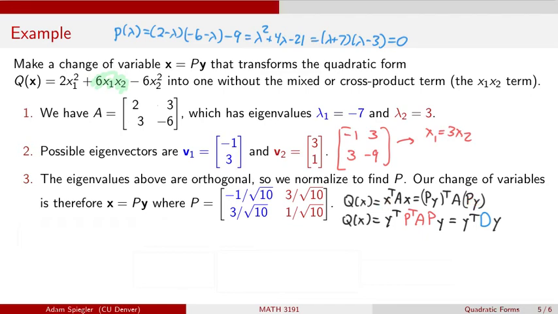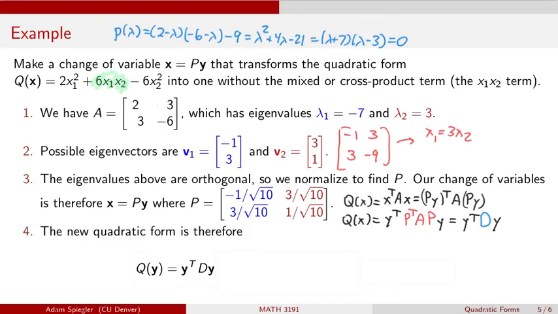We're just replacing each of the x's with our expression Py. Now (Py) transpose we can rewrite as y transpose P transpose, and then we multiply by A, P, and y. Since we've chosen P as this orthogonal matrix, P transpose A P gives the diagonal matrix D, which consists of diagonal entries that come from the eigenvalues of our matrix A. So let's summarize this below.